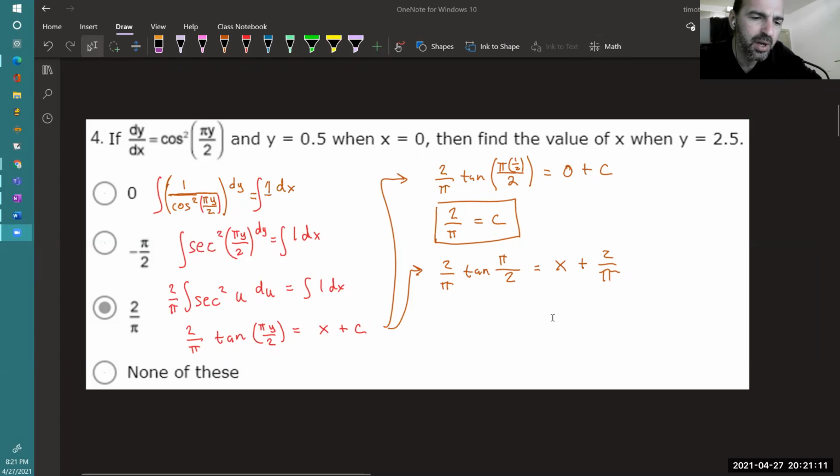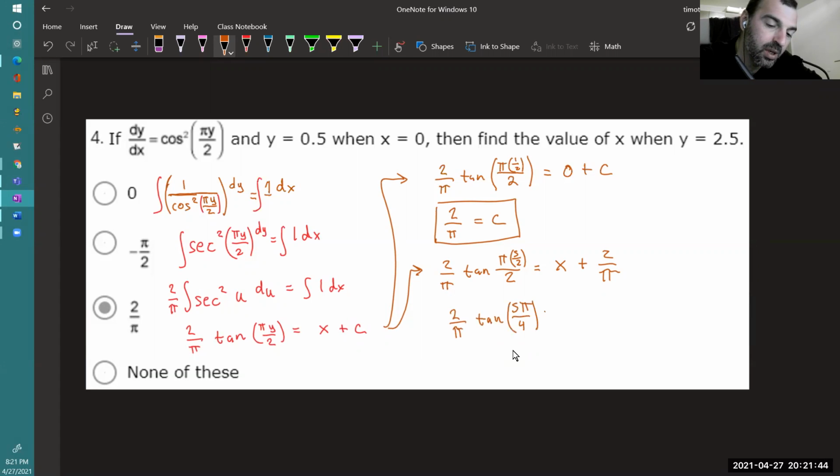Okay. Here we go. So what are we doing now? We're putting in y as 2.5. So 2.5, I guess, is 5 over 2. And so it's going to be 5 pi over 4. So it's going to be 2 over pi tangent of 5 pi over 4 equals x plus 2 over pi.